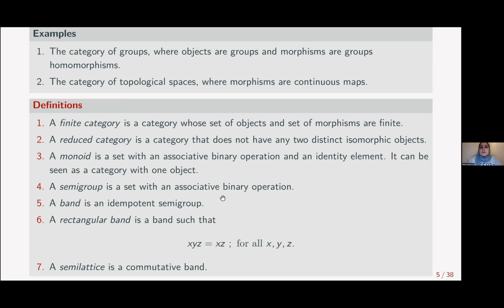So it doesn't even have a neutral element. A band is an idempotent semigroup. It means that every element is idempotent. A rectangular band is a band such that xyz equals xz. And finally, a semilattice is a commutative band. So it is idempotent and commutative.